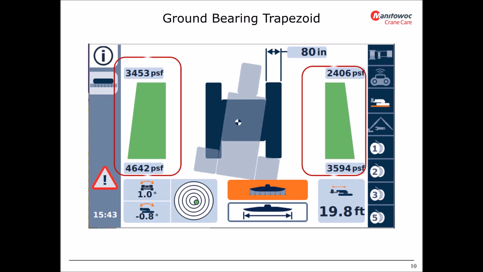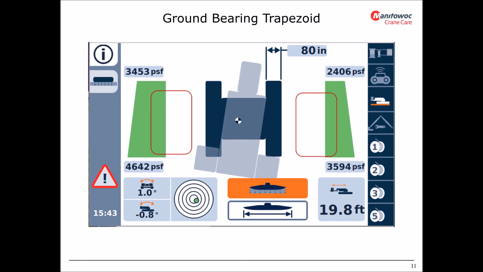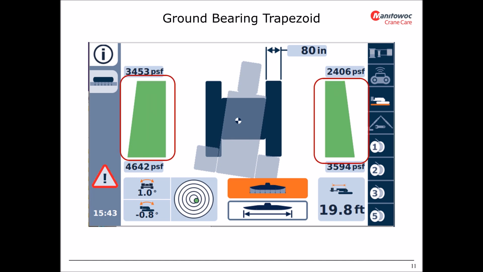The trapezoid shown here represents the distribution of the ground bearing pressure from one end of the crawler to the other. The size of the trapezoid at each corner is drawn as a proportion of the maximum corner ground bearing pressure.